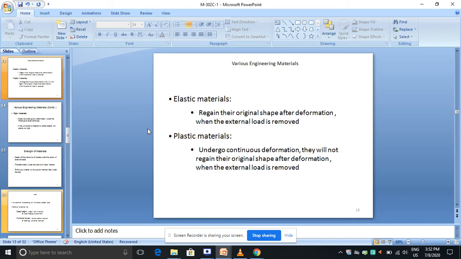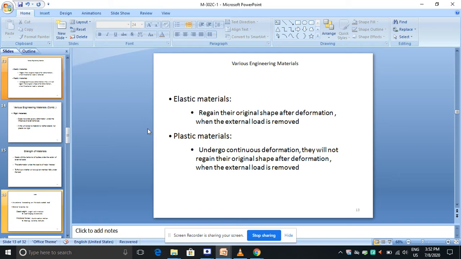Now, these materials can be classified mainly into three types. First one is elastic material, second one is plastic material, third one is rigid material. First, let's explain elastic material. Elastic materials regain their original shape after deformation when the external load is removed.